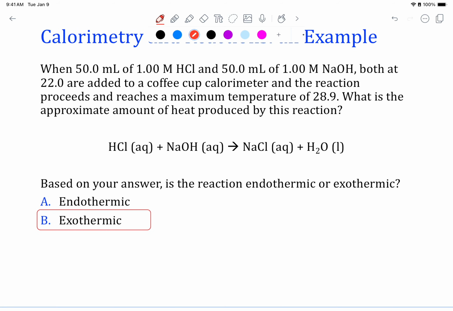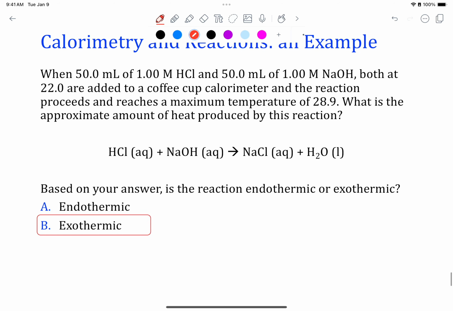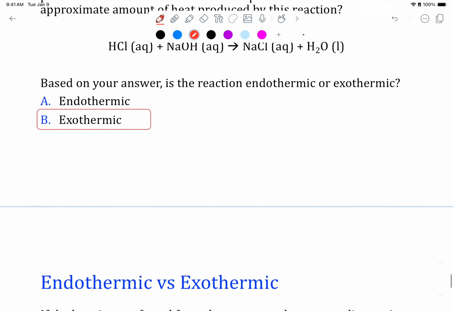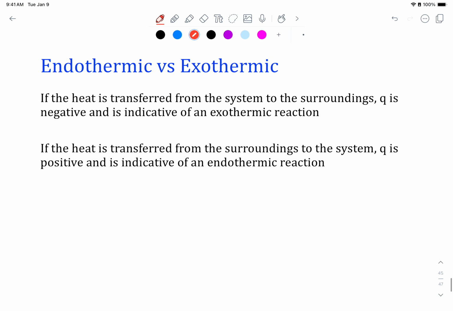It is an exothermic reaction because our heat is being transferred from our reaction to our solution. So from our system to our surroundings. So I know endothermic and exothermic can be a little difficult to think about with Qs, whether it's an object or a reaction or whatever. So I just have a little bit of a kind of put it into words here.